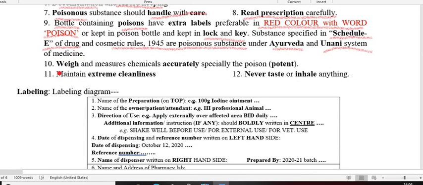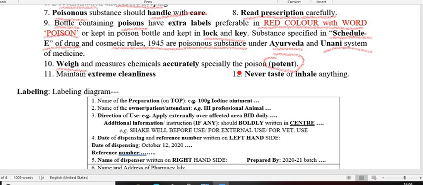Also very, very important under the principles is that if the ingredient or chemical is highly potent, then you have to weigh it accurately, because highly potent itself means that even a meager difference in weight will influence its effect. Either it may increase the poisoning, or you can say it loses the therapeutic effect.